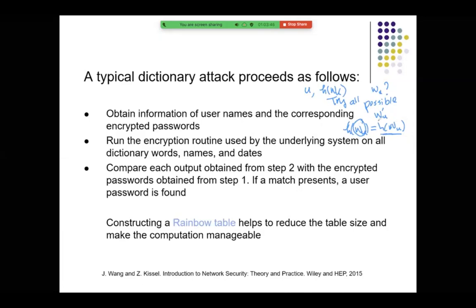Okay, so that's a common method of dictionary attack. The reason it is called a dictionary attack is you try all possible passwords, and one common way to get them is to get a dictionary, and that's also what passwords people tended to use in the early days.